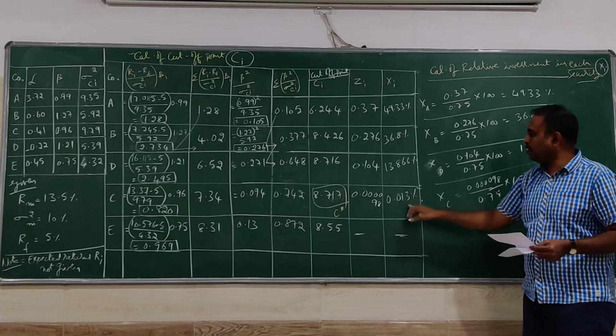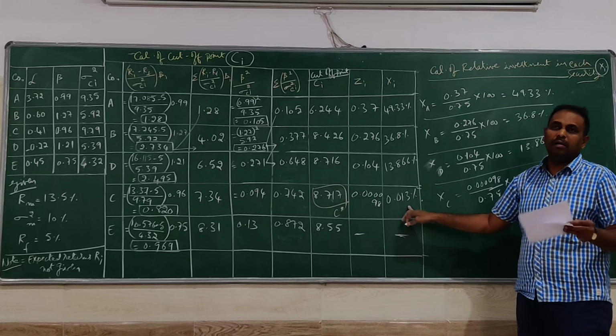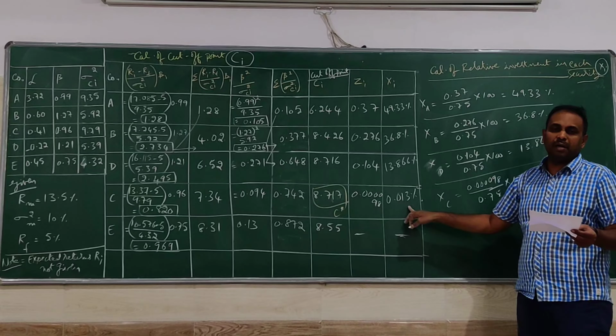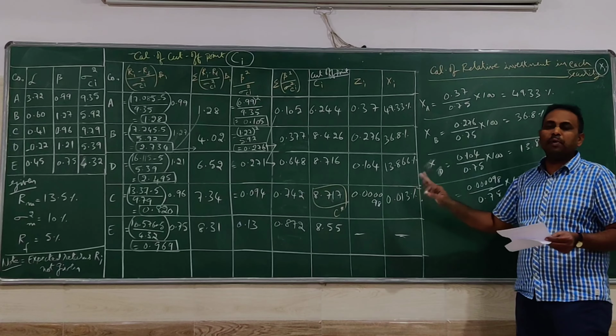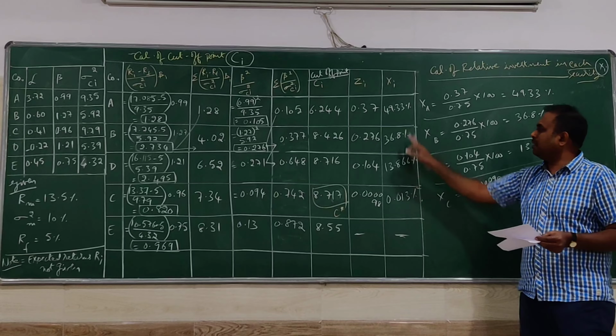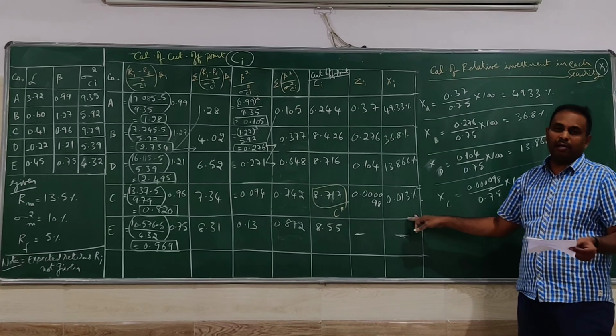If you add all this, it has to be almost equal to 100. A small point variation may come. For that you should not bother much. The total of this should be almost near to 100. That gives the correct answer for you. That means you are done rightly there.